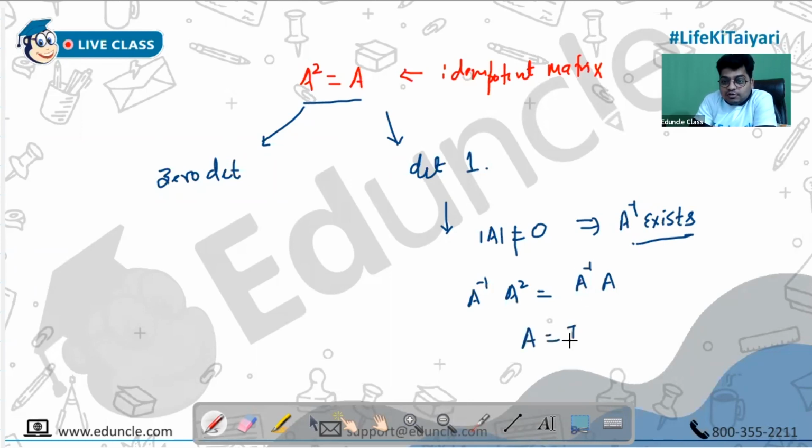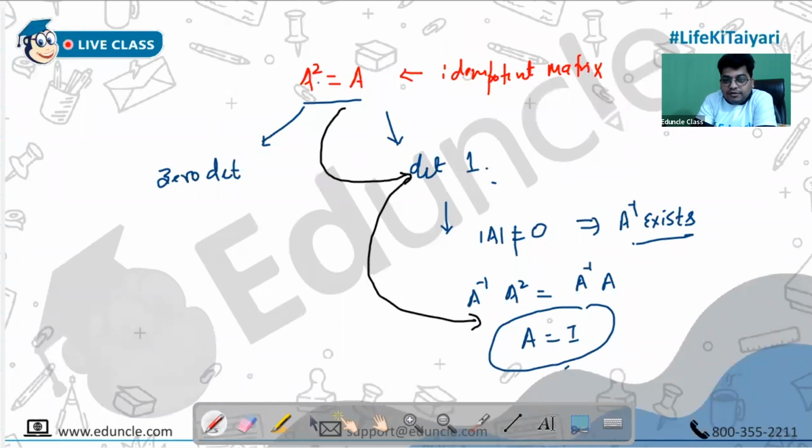So it means A is equal to I. The idempotent matrix with determinant 1 is only the identity. We cannot say anything about the zero-determinant case, because there are infinitely many idempotent matrices which have determinant 0. So an idempotent matrix having determinant 1 is only the identity matrix.